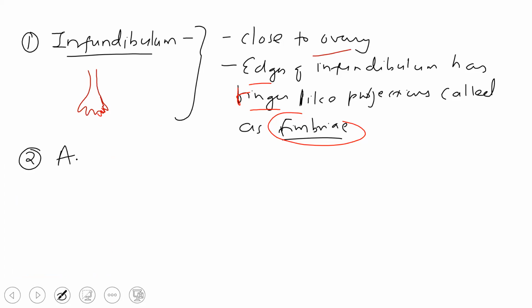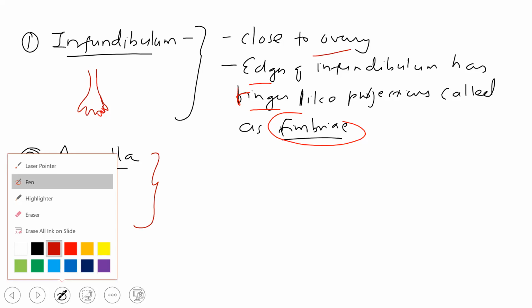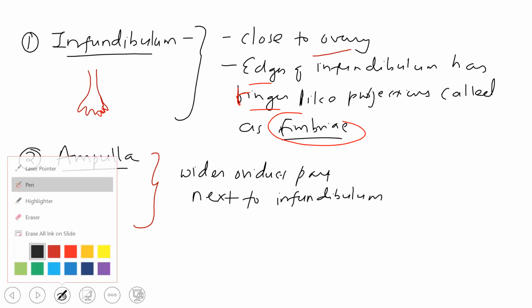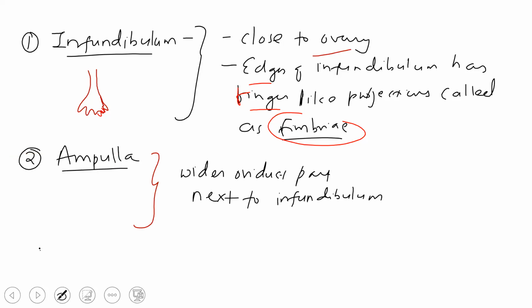Then second is the ampulla. The ampulla is the wider part, the wider oviduct part. It is located next to the infundibulum.